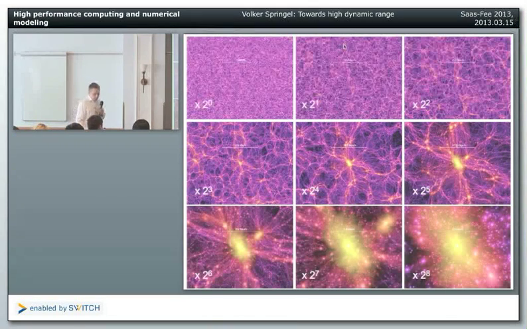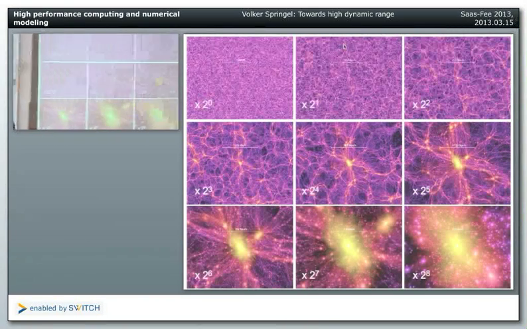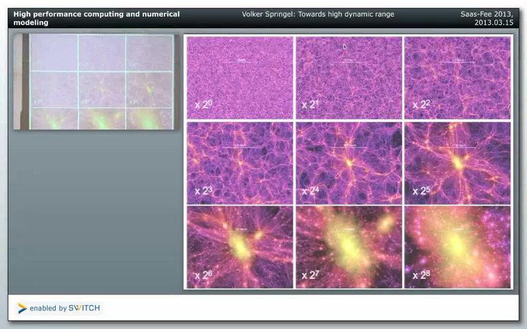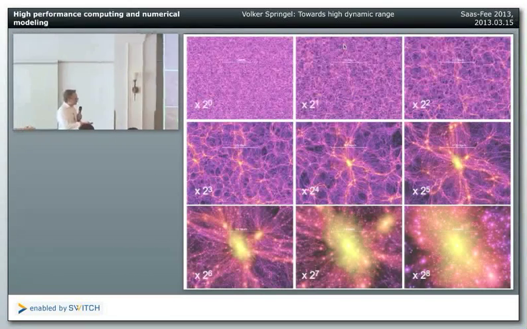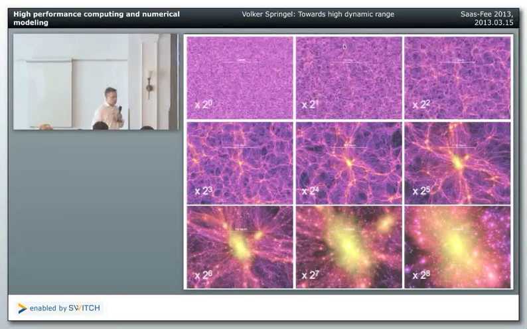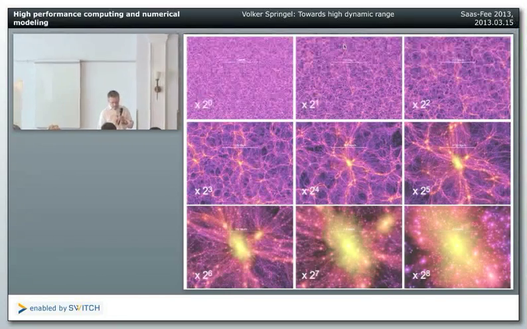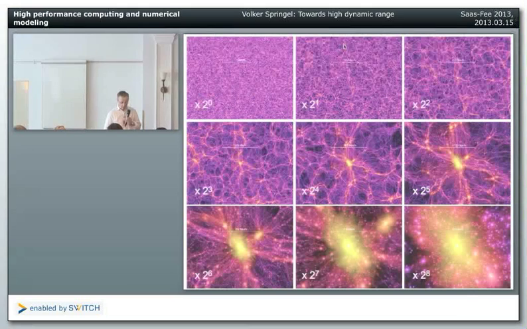Here is a zoom into the Millennium Simulation. This is basically the whole universe, 3 gigaparsecs from left to right. And you can zoom in just by factors of 2, and you do this sort of 8 times here. And then you're down in the cosmic web to a rich galaxy cluster, which you see. And at that scale, this simulation already runs out of steam.